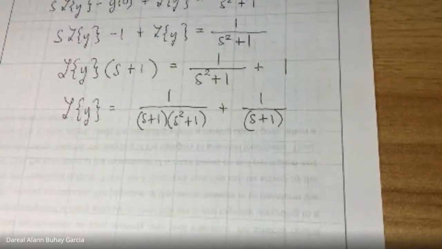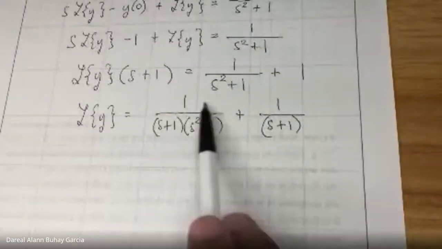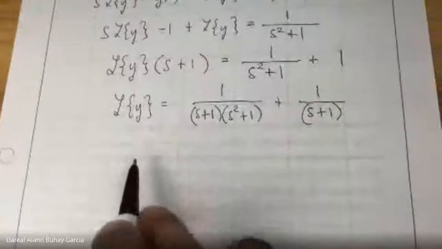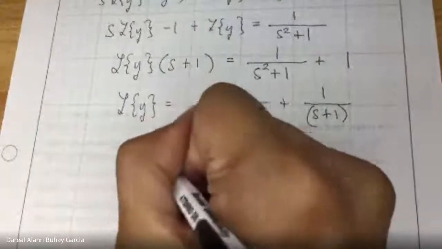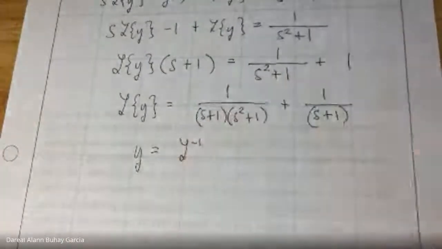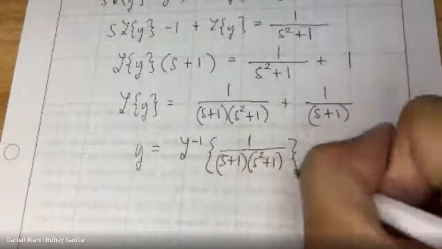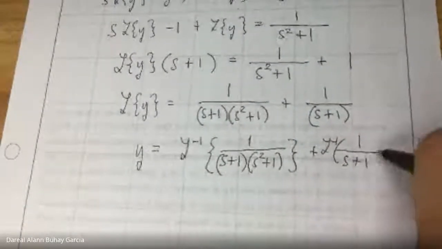This one we can already take the Laplace of, it's easy. The hard one is the other. Okay, inverse notation: the inverse of the Laplace of y is y, equal to the inverse of 1 over s plus 1 times s squared plus 1, plus the inverse of 1 over s plus 1.